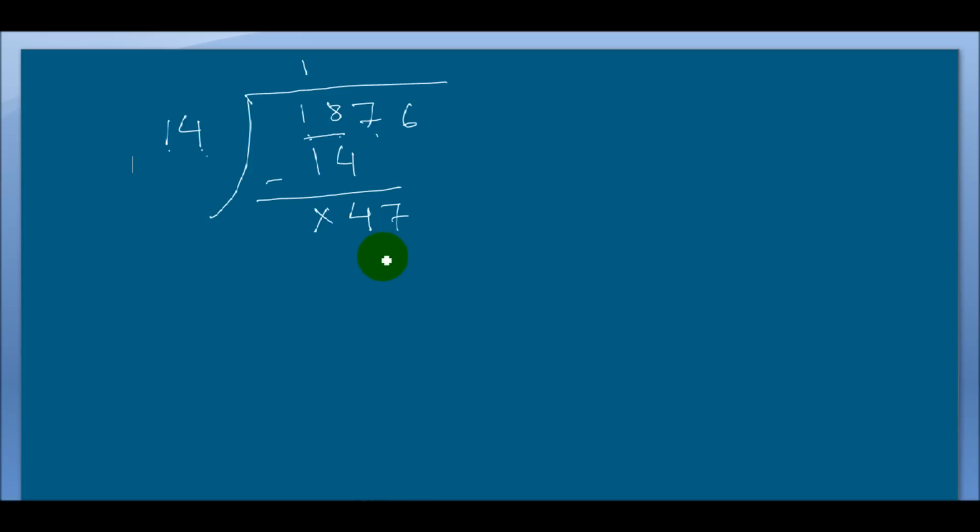So 14 3 ja 42, and 14 4 ja 56, which will be more than 47, so it will not go 4 times. So I have selected 3 times. 14 3 ja 42. 7 minus 2 is 5 and 4 minus 4 means nothing.